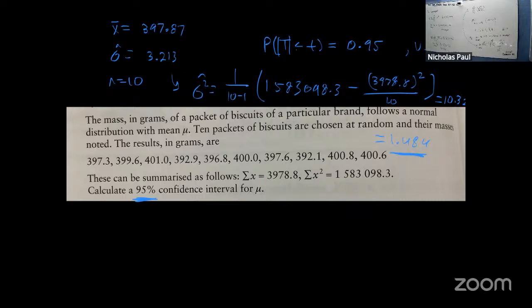So I am getting 1.484, and the square root of 1.484 is 1.218. Maybe they made a mistake. That is a big standard deviation anyway.